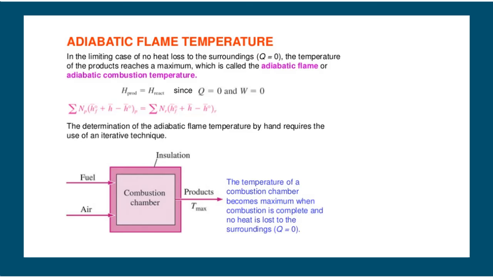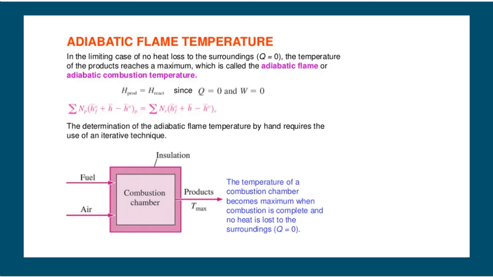What is enthalpy of formation? It is the amount of energy absorbed or released as the component is formed from its stable elements during a steady flow process at a specified state. Now we are going to define heating value. What is heating value?